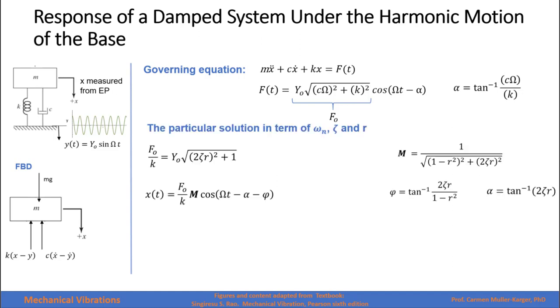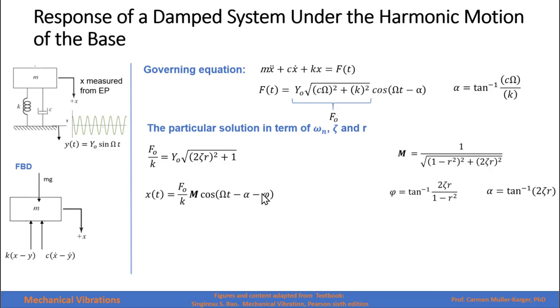We can also write the response in terms of omega n, the damping ratio, and the frequency ratio. If we divide this term by k, then this is F sub 0, and we can substitute c over k times omega by 2 zeta r.